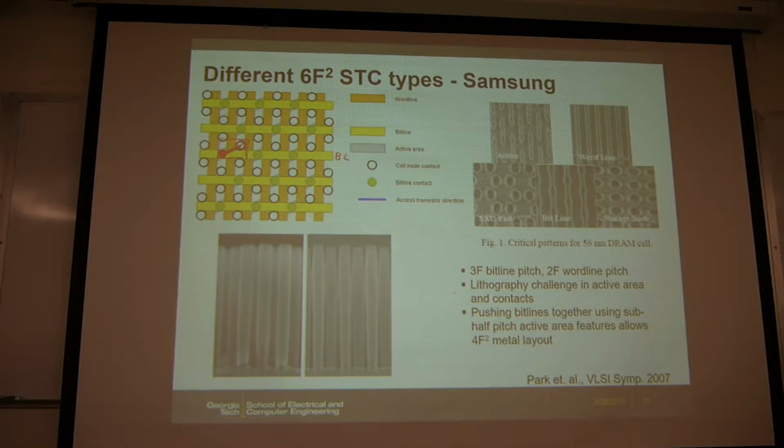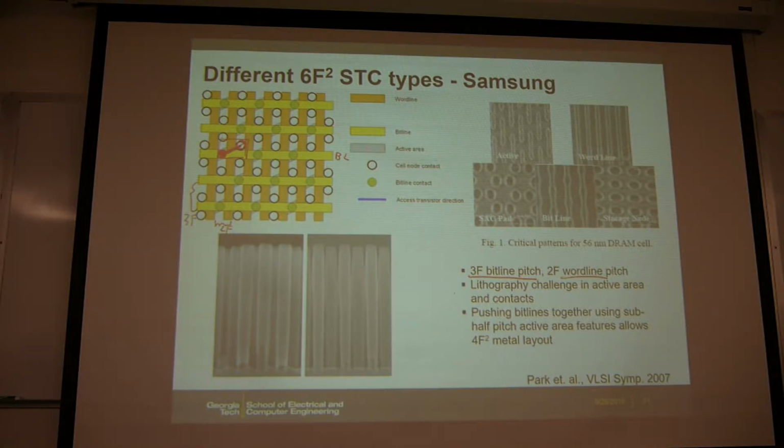In this case, you can see that the bitline pitch is 3F, and the wordline pitch is 2F. Why is that? From this wordline to wordline is 2F, and bitline to bitline is 3F.